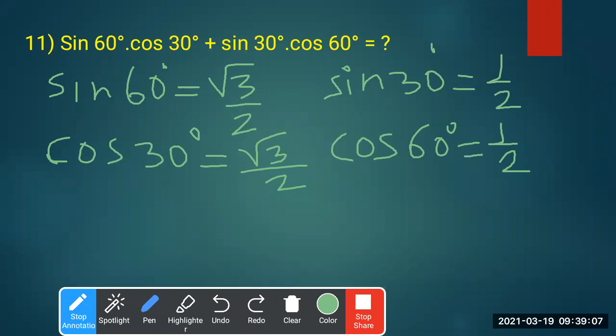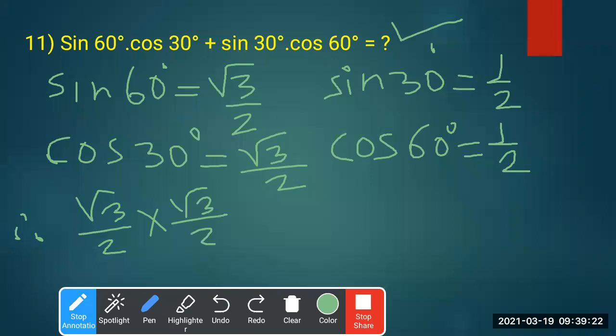Now I will substitute in the given expression. Sin 60 is root 3 upon 2, multiplied by cos 30, again root 3 upon 2, plus 1 upon 2 into 1 upon 2.